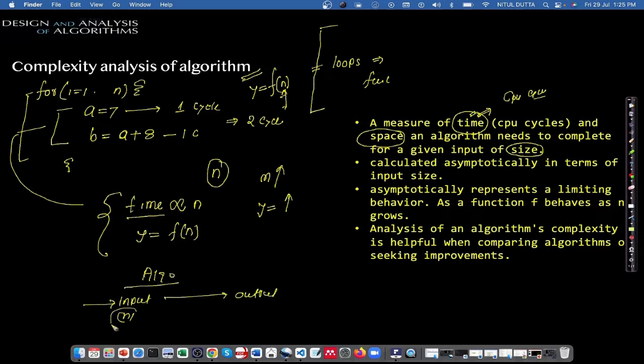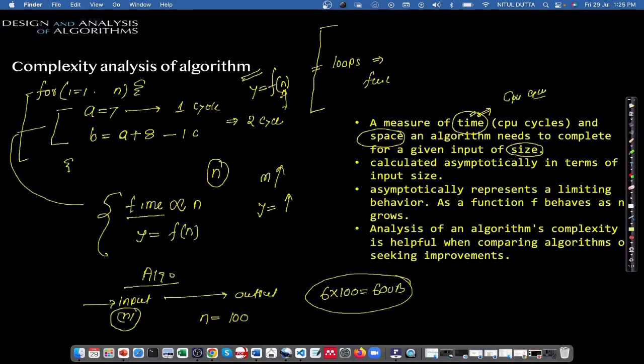Depending upon the size of the input n, suppose n is 100 and the type of data we want to process is integer, and one integer may take say 6 bytes. Then 6 times 100, a total of 600 bytes, will be required for storing the entire data while executing that algorithm.